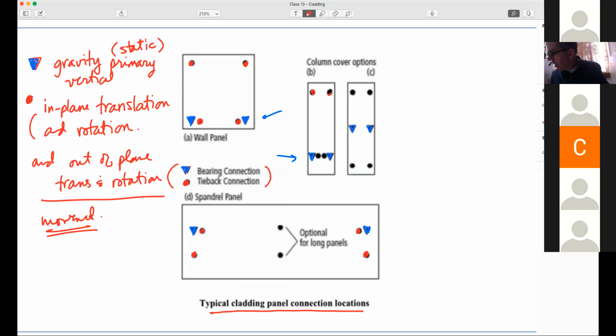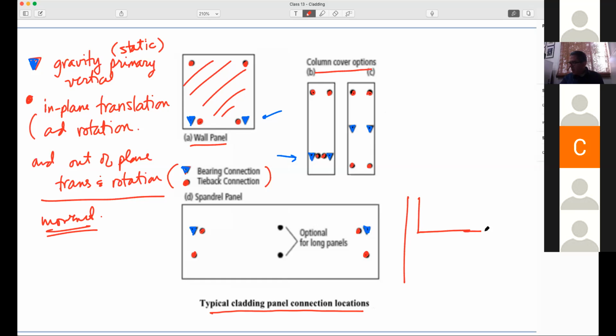And so you see you've got more of those points, and those increased number of points are what restrain more degrees of freedom. So again, we'd be right back into doing stability and instability. So you've got something that would be right there in a panel, right? The whole panel of a frame, something that would cover here, something covering a column on the exterior of a building, and then something that would be covering a spandrel.